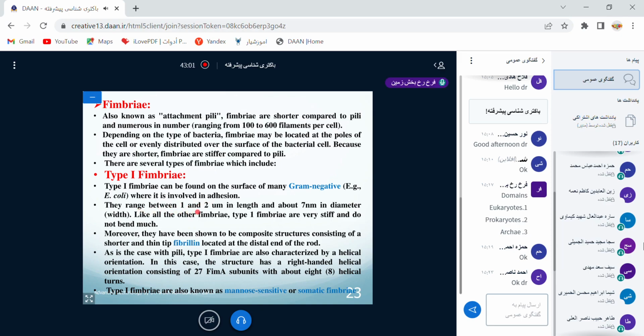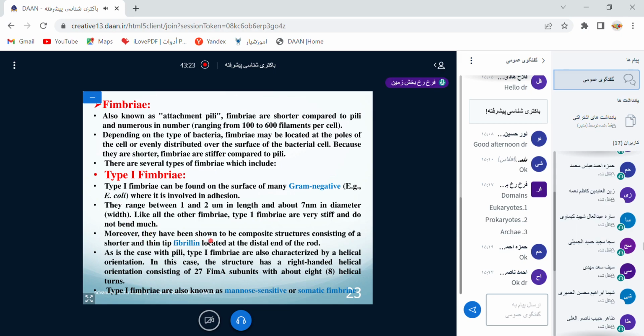They range between 1 and 2 micrometers in length and about 7 nanometers in diameter, and like all the other fimbria, type 1 fimbria are very stiff and don't bend much.